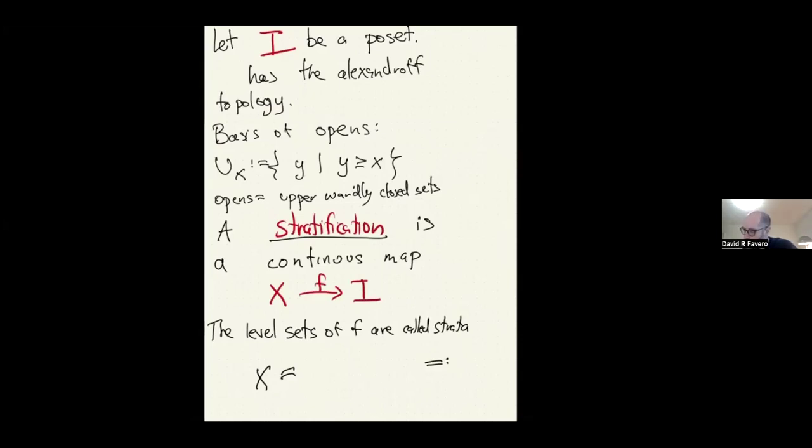What do I mean by that? If I have a continuous map to some, you can think of this as a finite poset, let's say, though in the next example it won't be finite, the strata are just the level sets of this map. I'm going to write it as a set theoretic disjoint union. Of course, topologically it's not, but set theoretically, it's a disjoint union of its level sets.